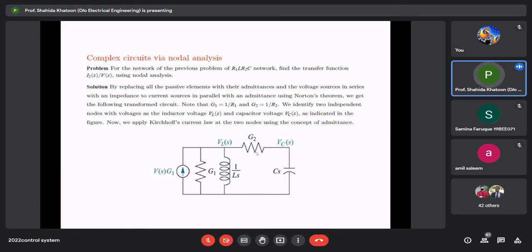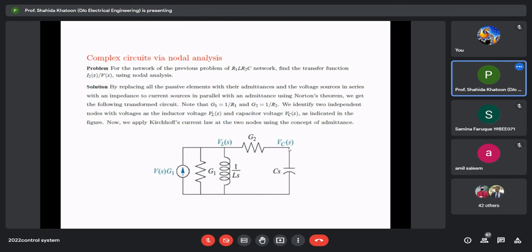We identify two independent nodes, with the voltage at this node being the inductor voltage VL(s), and at this node the voltage being VC(s). Now we apply Kirchhoff's current law at the two nodes, using the concept of admittance. The admittance of the inductor is 1 by Ls, and the admittance of the capacitor is Cs. Write down KCL at this node and KCL at this node, so you will get two equations.